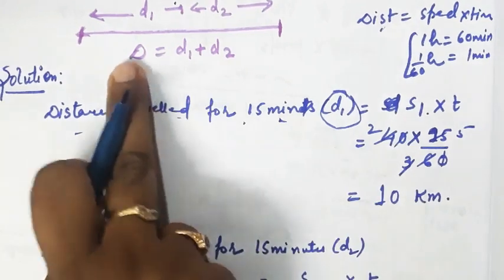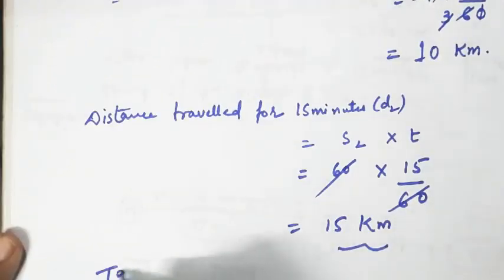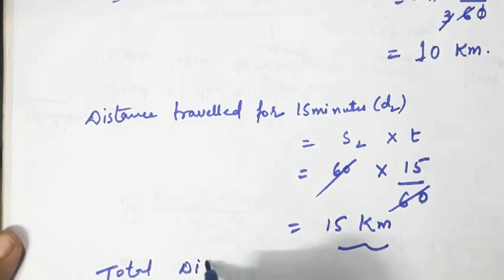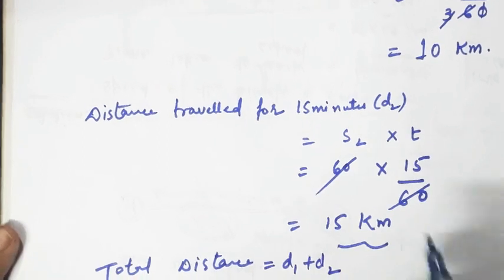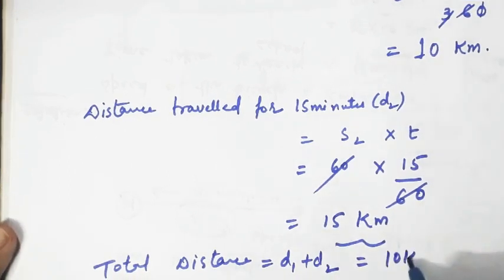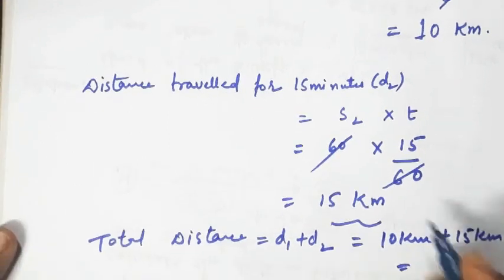I have already explained the total distance is D1 plus D2. So I can write here, total distance is equal to D1 plus D2, that is 10 kilometer plus 15 kilometer. You get 25 kilometer.